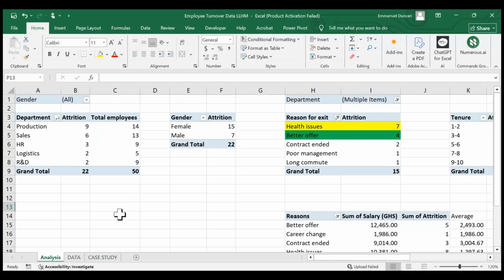We realized based on our first table, we were able to determine the highest number of people that are leaving from the production and the sales department. So with this, we've been able to use pivot table to investigate the issue, to determine the root cause of what is actually happening, to know which departments are losing most of their staff.